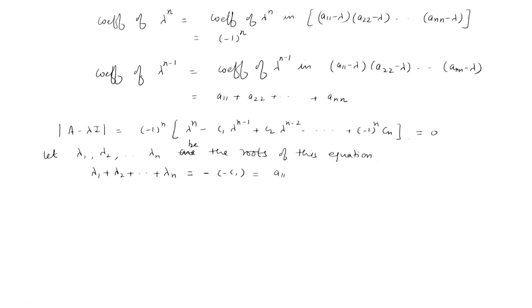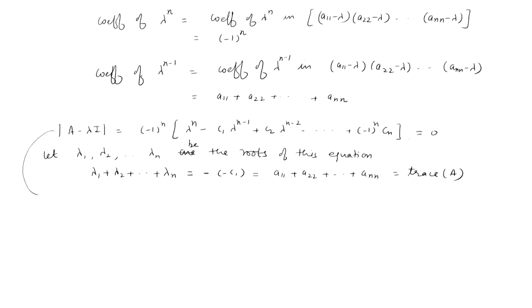So, this is A11 plus A22 and so on up to ANN, and this is called the trace of matrix A. So, what have we concluded? We have concluded that the sum of eigenvalues is nothing but the trace of the matrix, that means the sum of the diagonal elements, the first property.